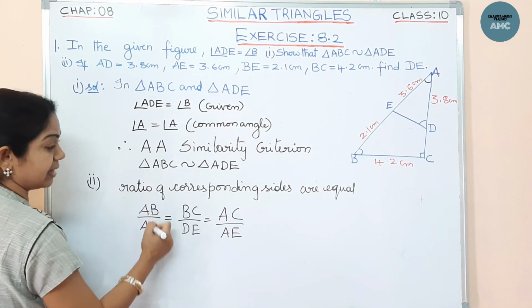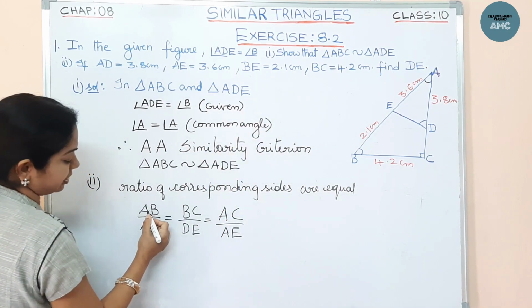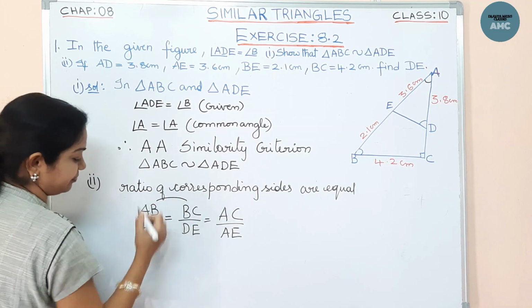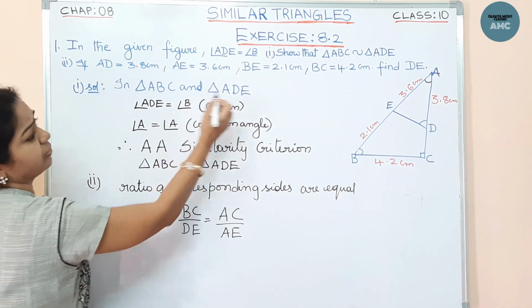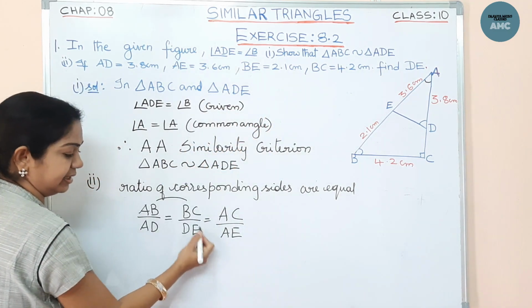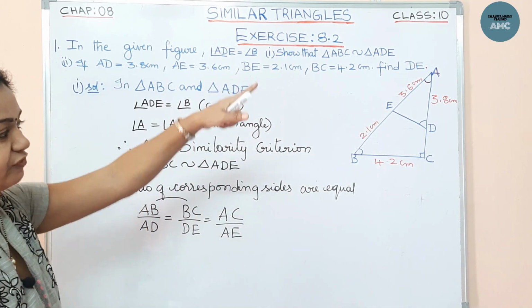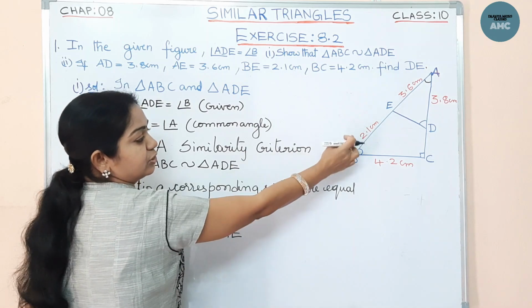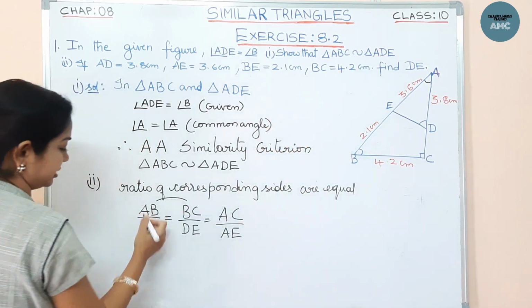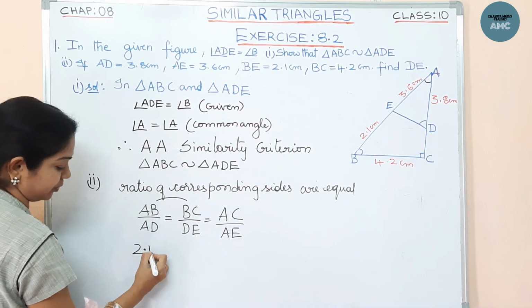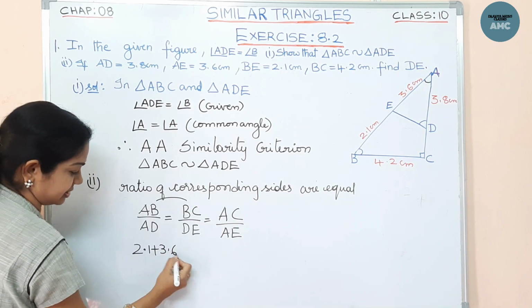Now I will substitute the values given. Let me take these two only, because I want DE. So I'll take this equation. What is the value of AB? Clearly, 2.1 plus 3.6 is AB.